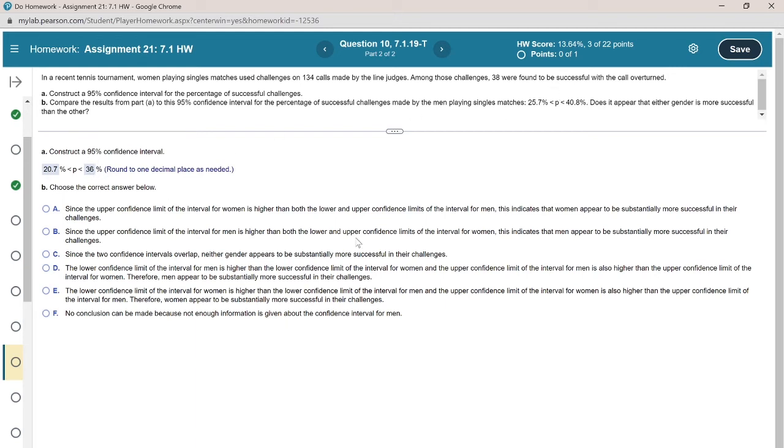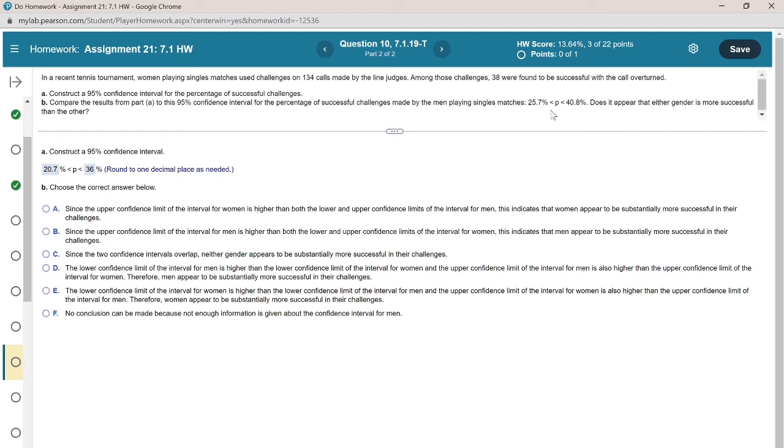So confidence interval means it's just an estimation. We are 95% confident that the population estimate would be in between these two numbers. And for part B, we are 95% confident that the population estimate would be in between these two percentages.